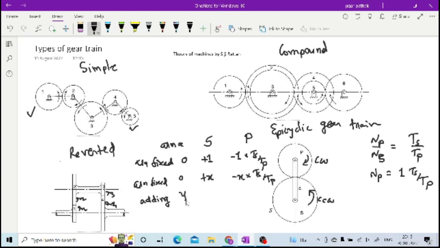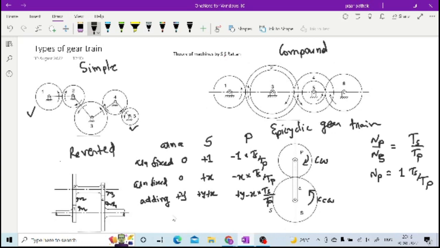You are providing, let us say, +y to the arm. So that will be directly added to the remaining components, that is +y plus x and +y minus x into TS by TP.